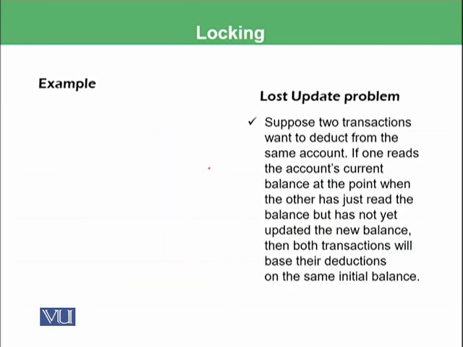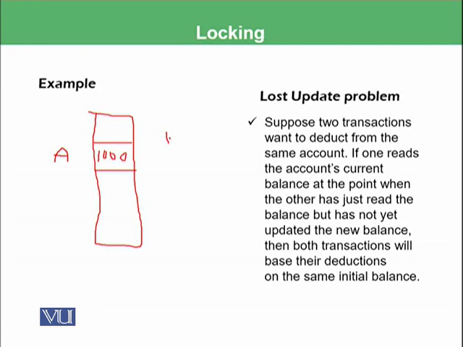There is another problem related to locking. For example, two transactions want to deduct from the same account. Let's say here we have again account A, and this has, for example, 1000, and there are two transactions.